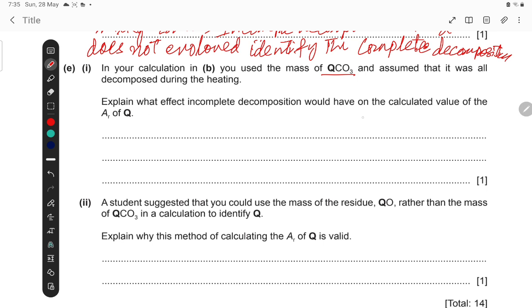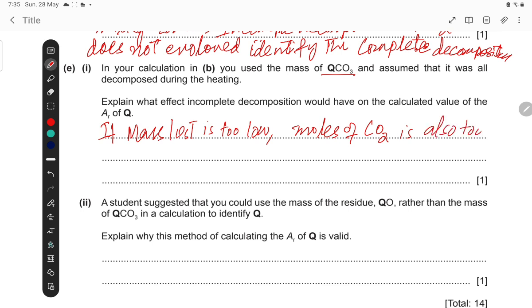Explain what effect incomplete decomposition would have on the calculated value of the Ar of Q. If mass lost is too low, moles of carbon dioxide is also too low, so then Mr is too high, because Mr is inversely proportional to the mole.